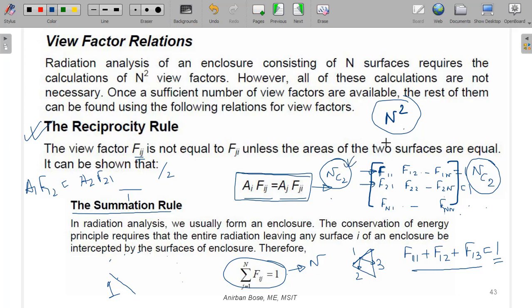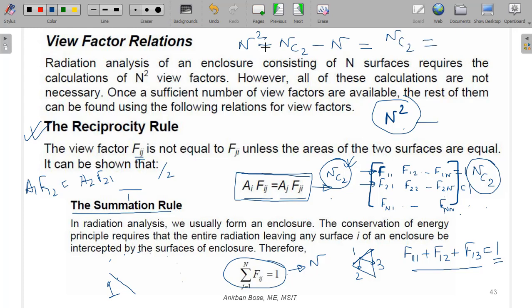Then out of them, NC2 are reciprocity relations, and n summation rules are there. So how many independent ones remain? It is n square minus NC2 minus n. If you simplify these quantities, you will find that it again comes to NC2.